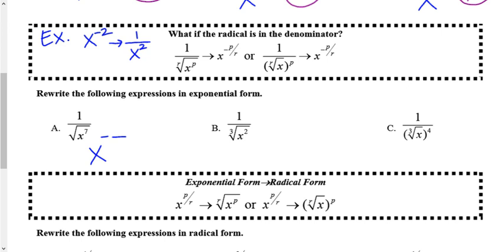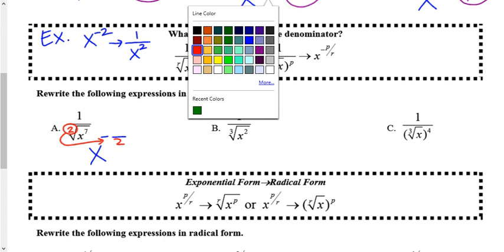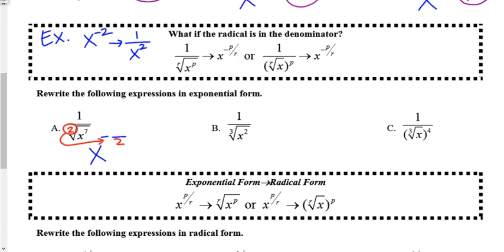My root here, invisible, it's 2. We talked about that. So the 2 goes in the bottom. And then my numerator is going to be my exponent, which is 7. That goes right here. So my final answer is x to the power of negative 7 over 2.